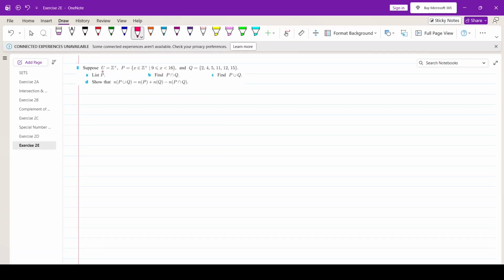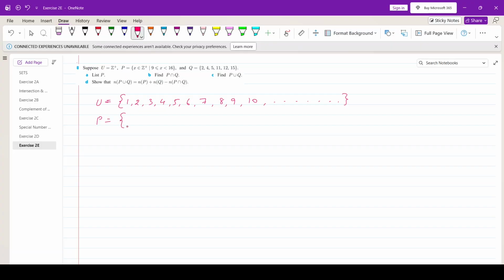Suppose universal set is a set of positive integers and P is a set of all positive integers such that they lie between 9 and 16, including 9, and Q is a set containing 2, 4, 5, 11, 12 and 15. List P. So first we need to list U, and that will be a set of 1, 2, 3, 4, 5, 6, 7, 8, 9, 10 and so on.